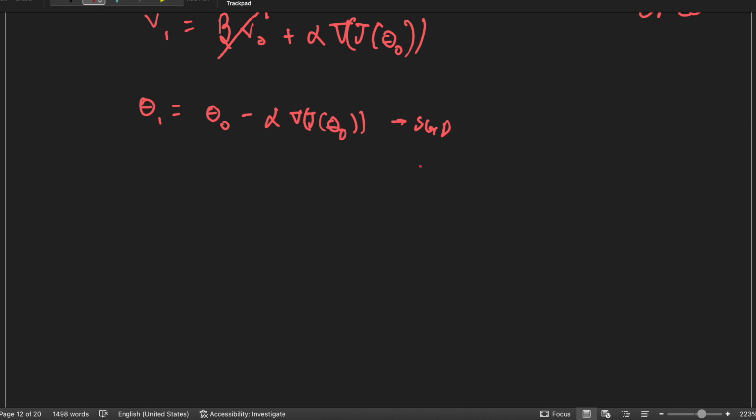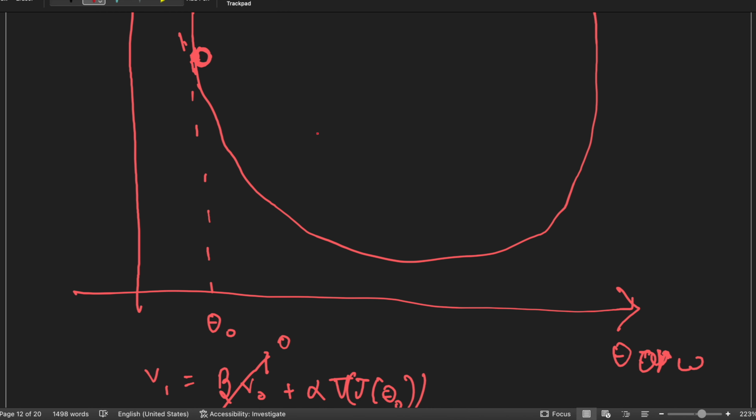But now what happens with V2? V2 is beta V1 plus alpha times the gradient at theta. Again, the slope will be calculated from the theta 1 position.